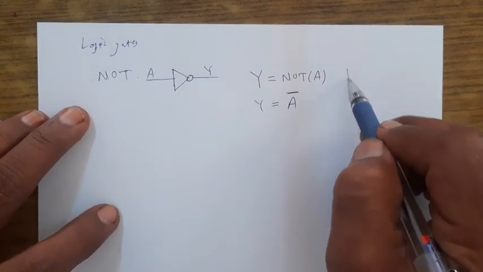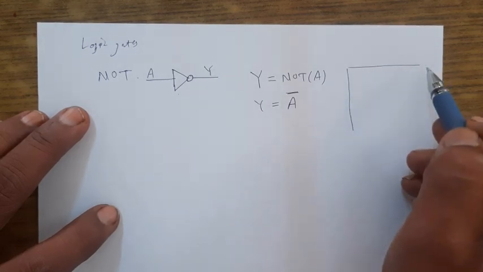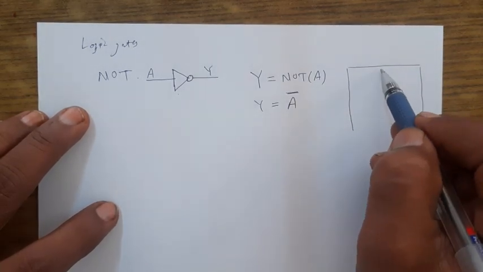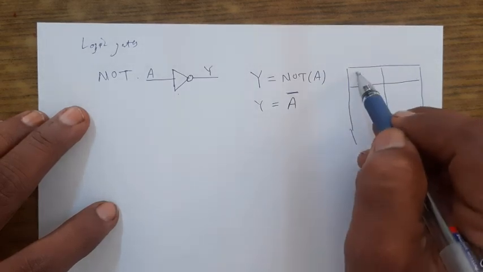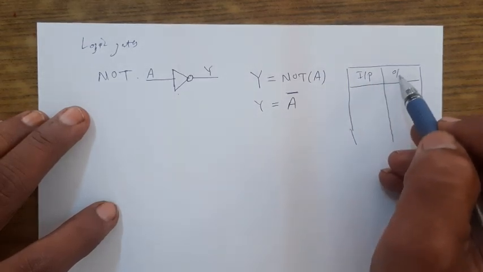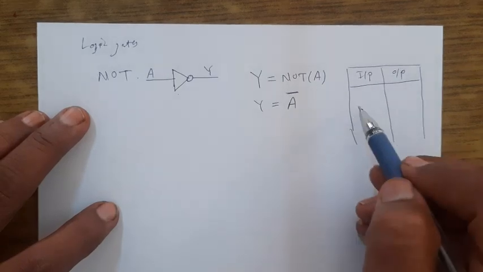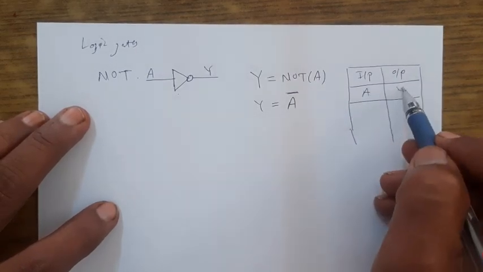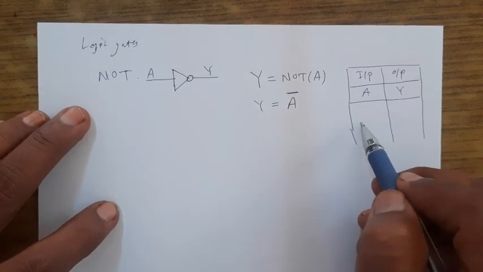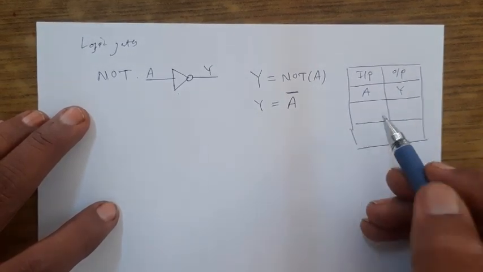Now one more terminology is associated with every gate or every logic device. It is the relation between input and output. Typically for NOT gate there is a single input A and the output is Y, and there are two possibilities in input.